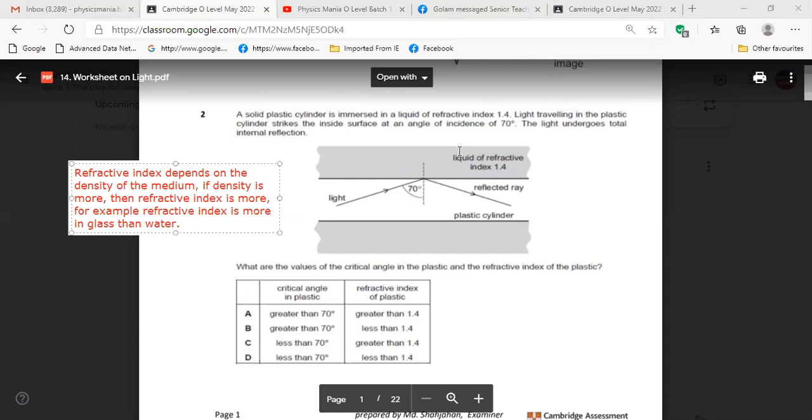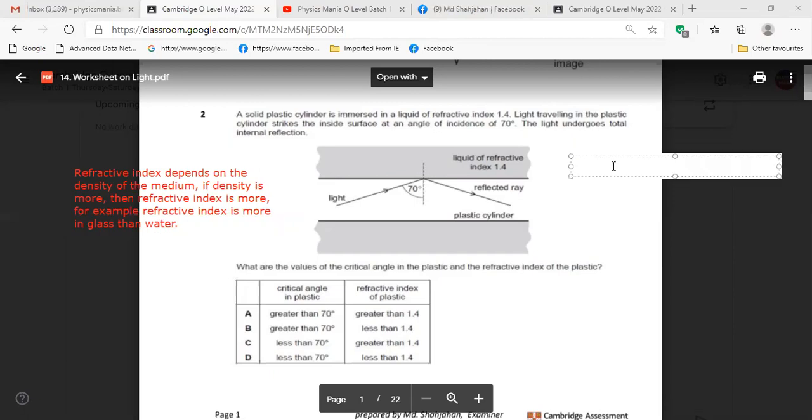Denser to rarer medium, and the angle of incidence should be greater than the critical angle, right? So what are the two conditions for total internal reflection? You know that, right? Can you remember those two conditions?